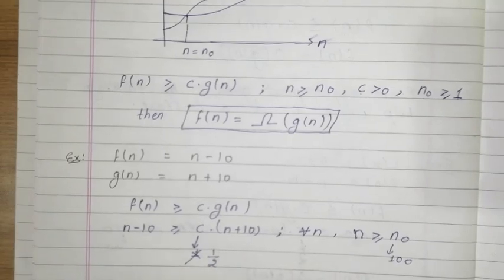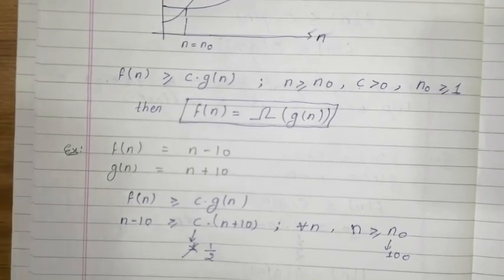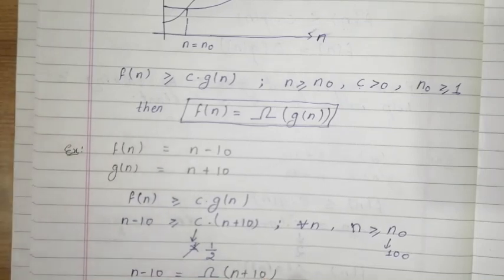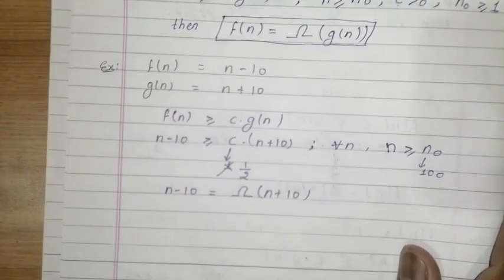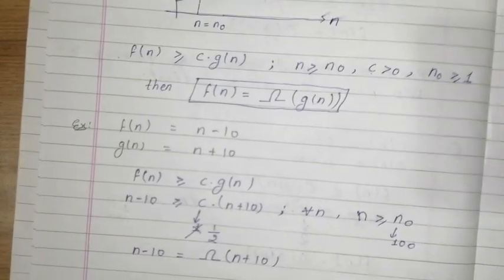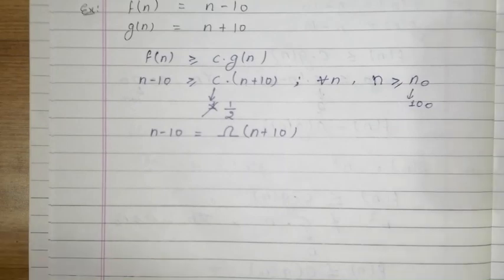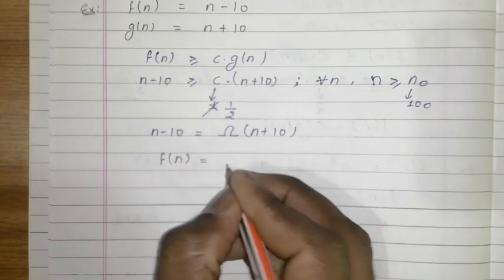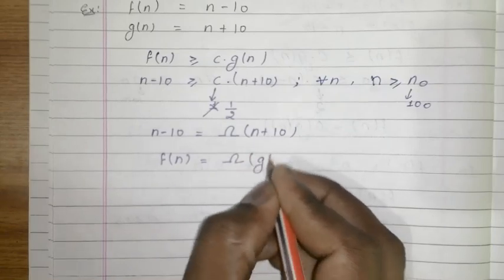So definitely it is greater. From here we can say n minus 10 is omega of n plus 10. Therefore we can say f of n is equal to omega of g of n.